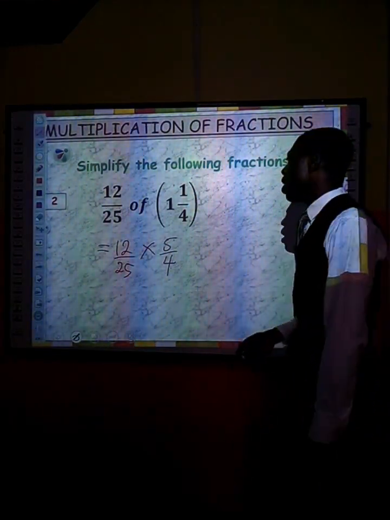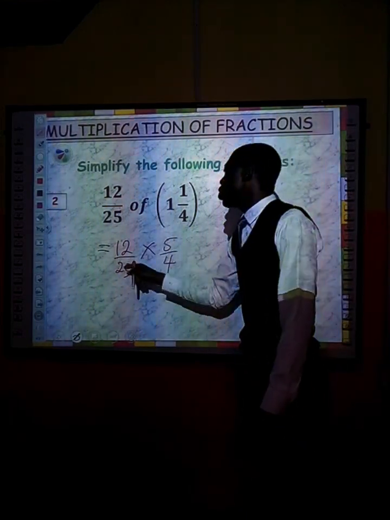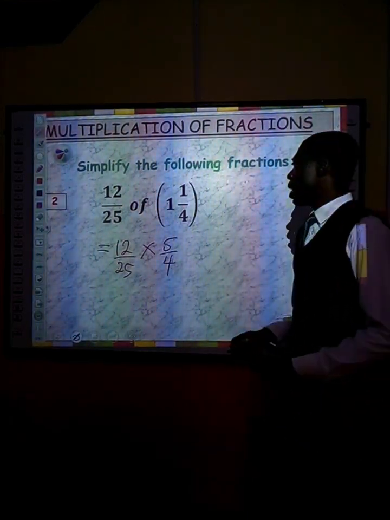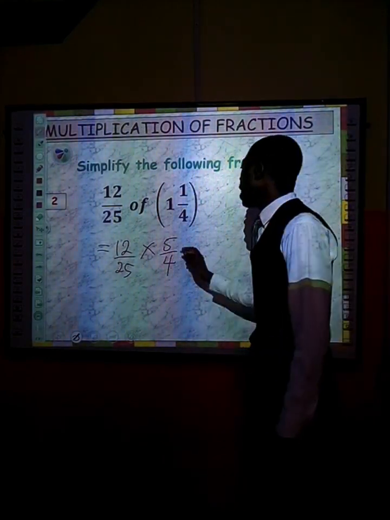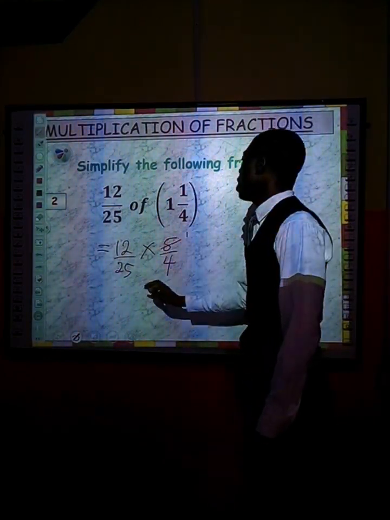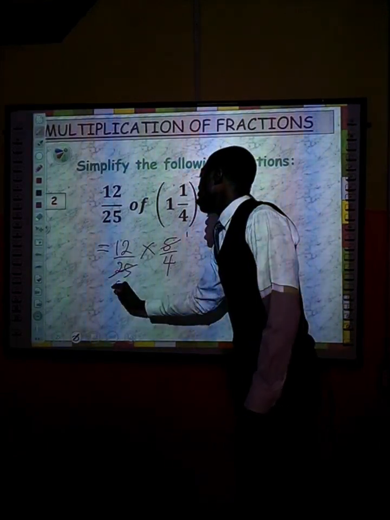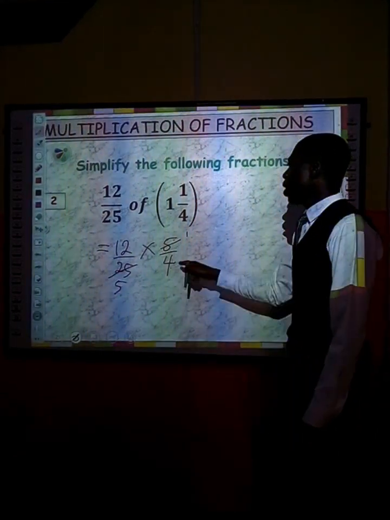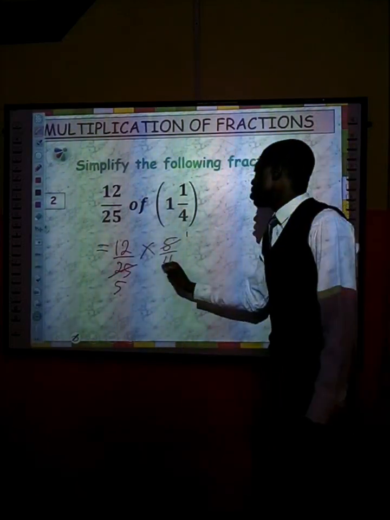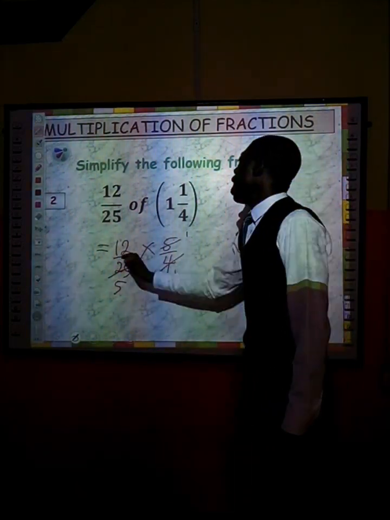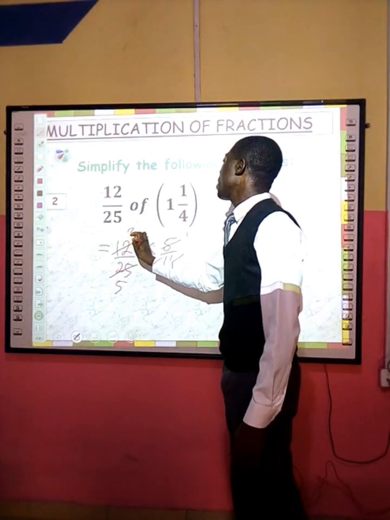Now, if you check very well, you realize that 5 and 25 are connected, and 4 and 12 are connected also, so we can reduce. So I can say 5 in 5 is 1, then 5 in 25 is 5. Now, if you look at 4 and 12, they are also connected. So I can say 4 in 4 is 1. How many groups of 4 in 12? That's 3.